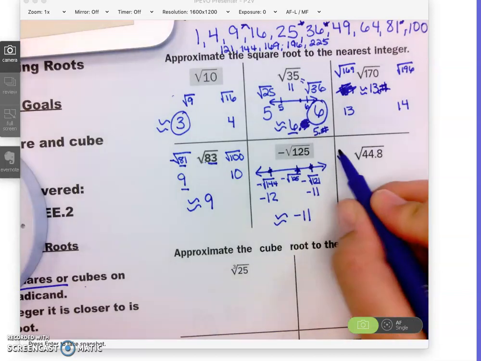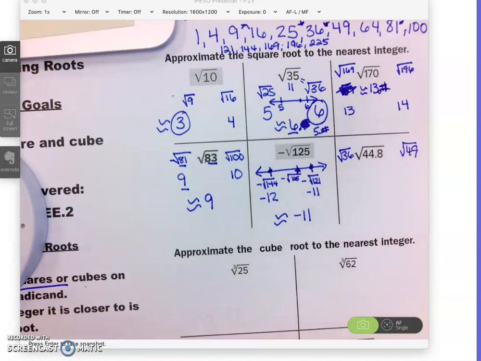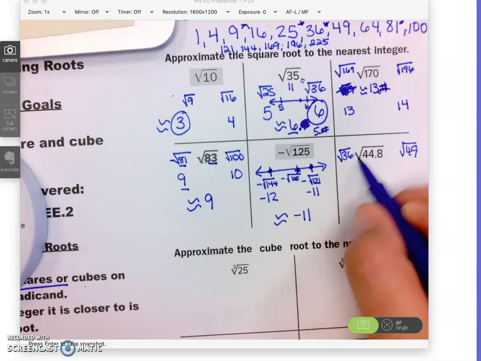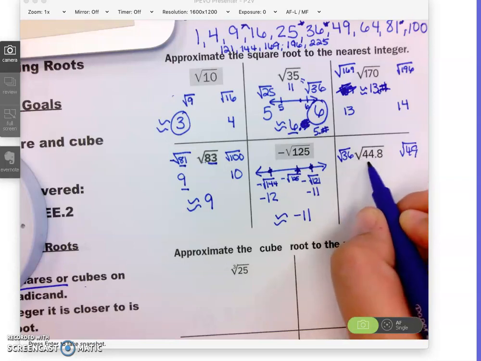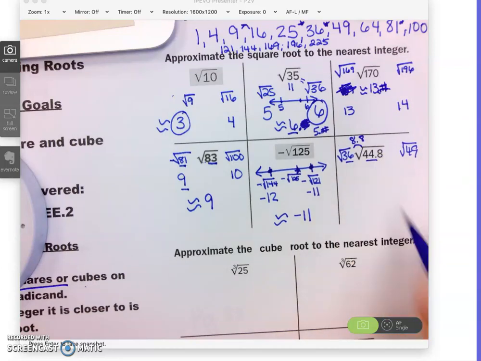So square root of 36, square root of 49. And is it closer? Now, this is where it's almost right in the middle. If I think of 36 to 44, I have to go up. 36 to 40 is 4, and then 40 to 44 is another 4. So we have 8. That's the difference between these two radicand numbers.